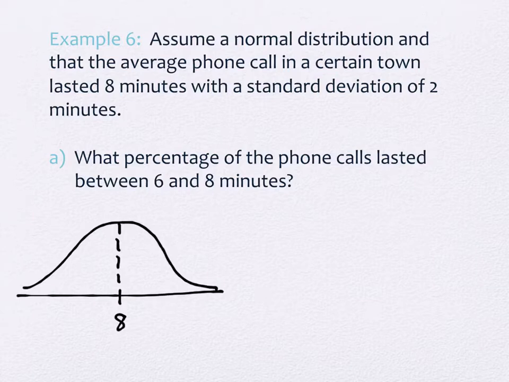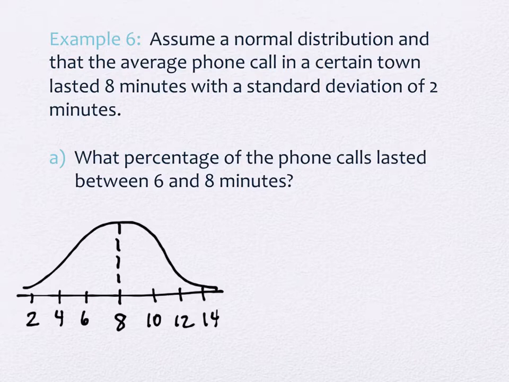And with my standard deviation being 2, it means that I add 2 again, and I do it one more time to go out the 3 standard deviations on the right. I subtract 2 again, and I subtract 2 one more time to get my standard deviations on the left. So far, so good? So the picture itself doesn't have to be perfect, but all those numbers should be right.